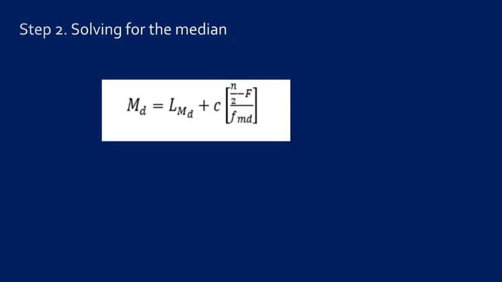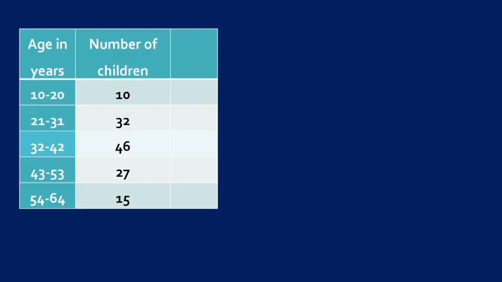The formula for the median, if you recall, is this one: MD is equal to LMD plus C times quantity N over 2 minus F over FMD. So we're going to use our example in order to identify all these values. Okay, so we have the same problem, and then we have the number of children. Here we're going first to identify where the median class is.